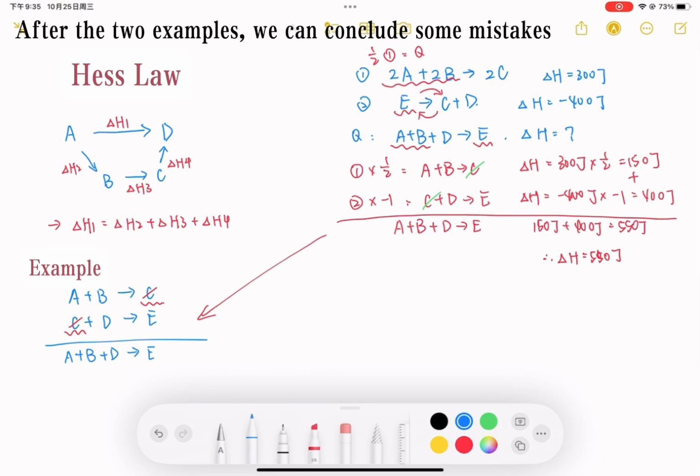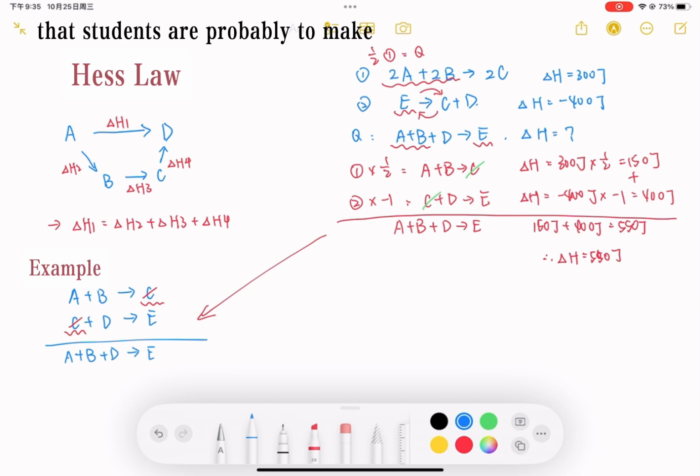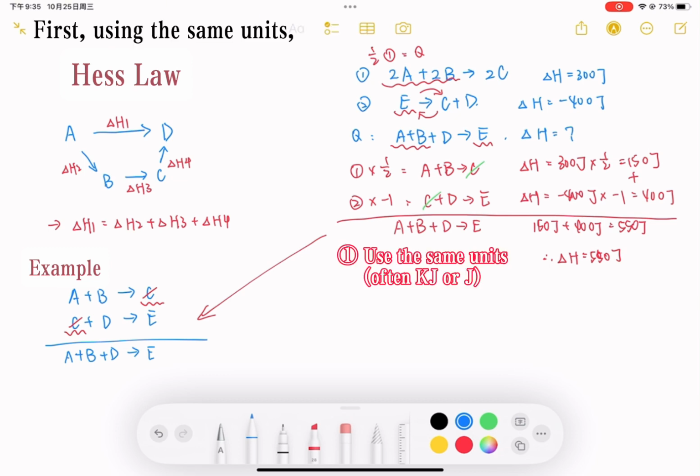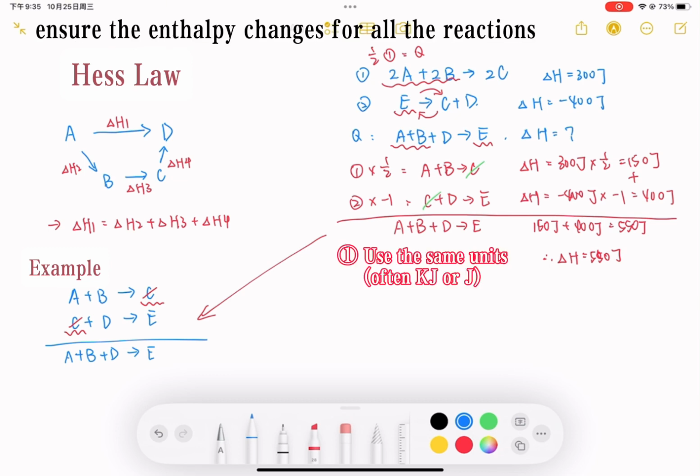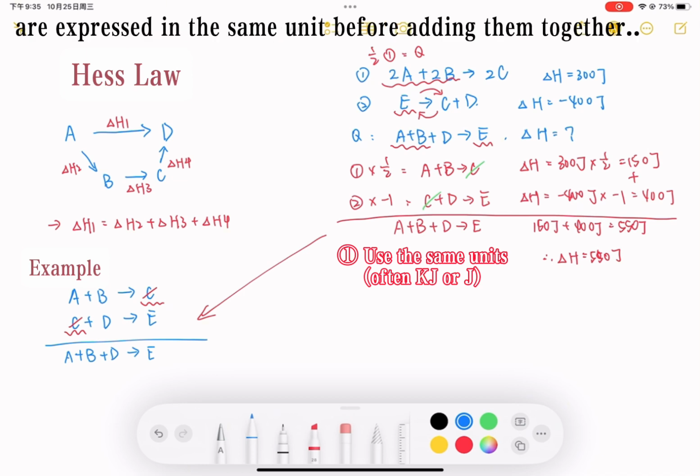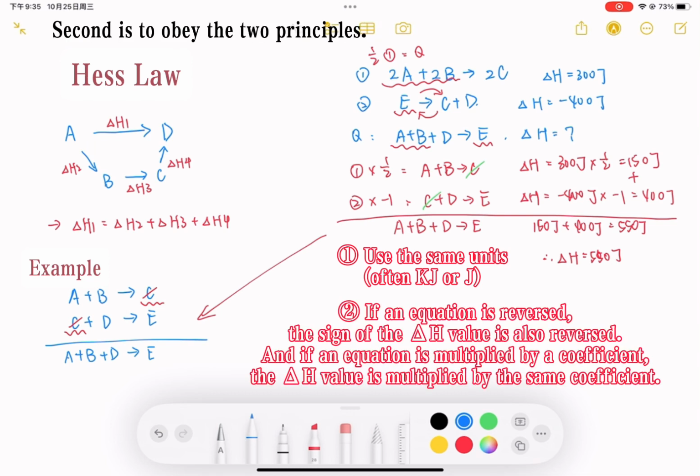After the two examples, we can conclude some mistakes that students are likely to make. First, use the same units: ensure the enthalpy changes for all the reactions are expressed in the same unit before adding them together. Second, obey the two principles.